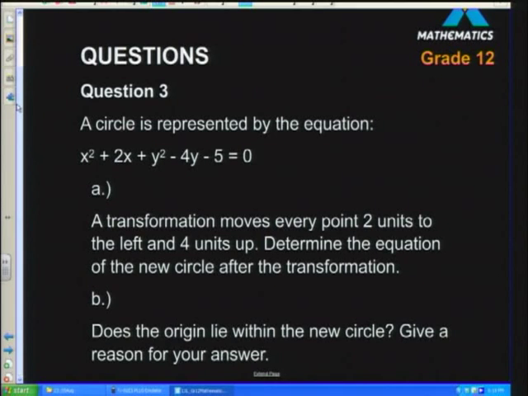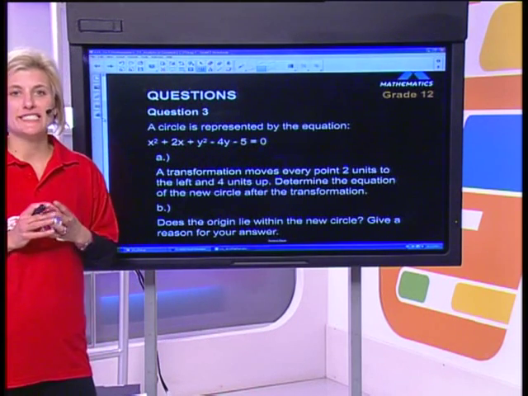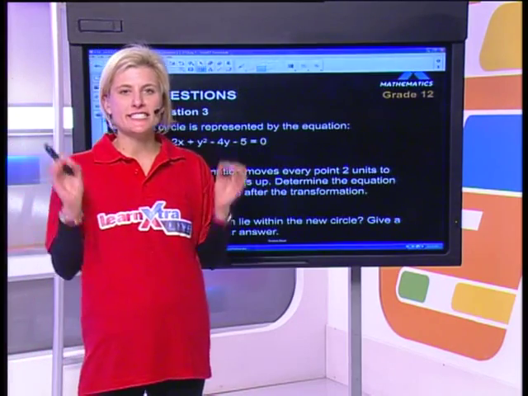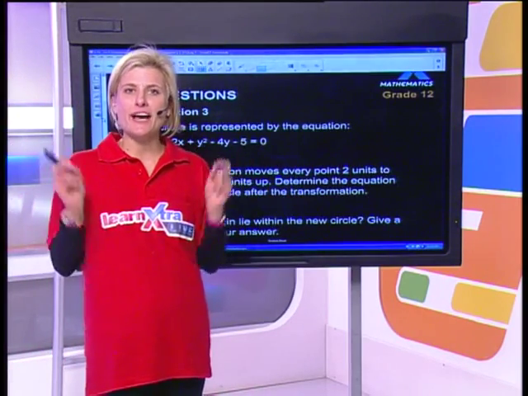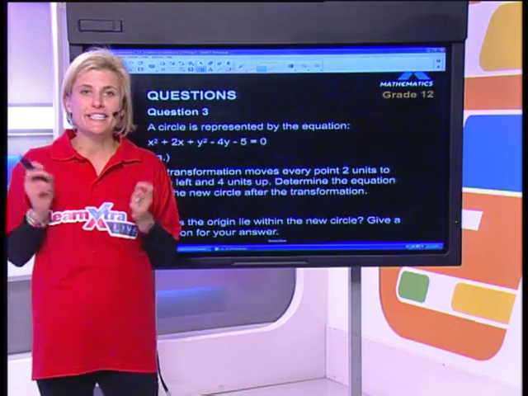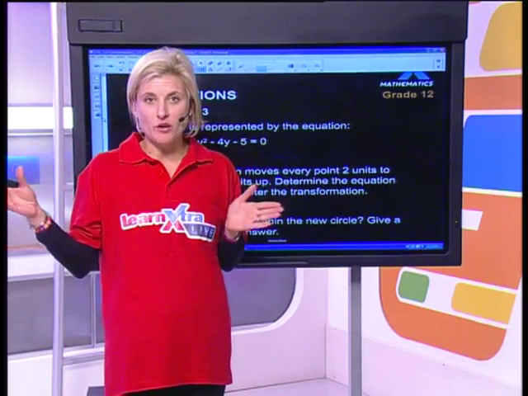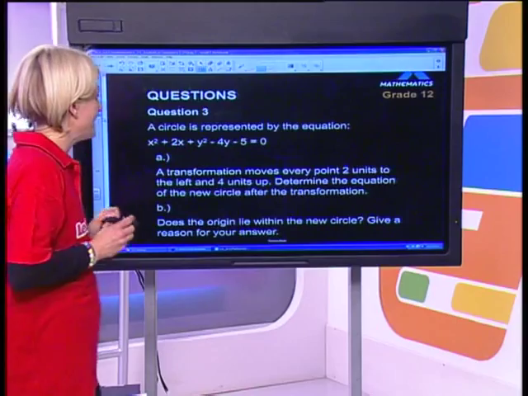Now, another thing that's very important with circles is if the equation of a circle is given to you in non-standard form, you have to be able to complete the square on that equation in order to put it into standard form.